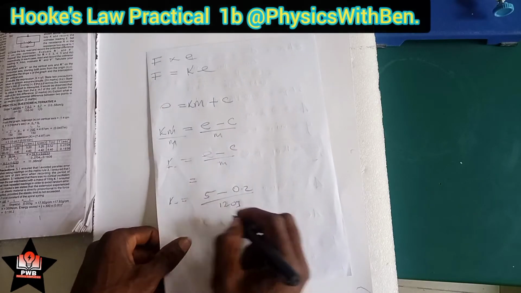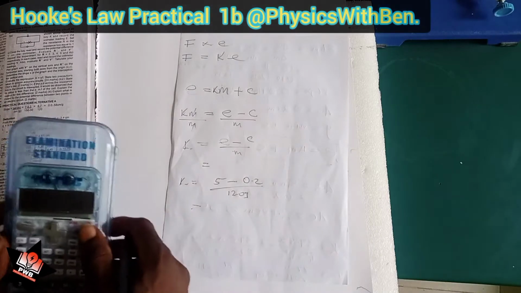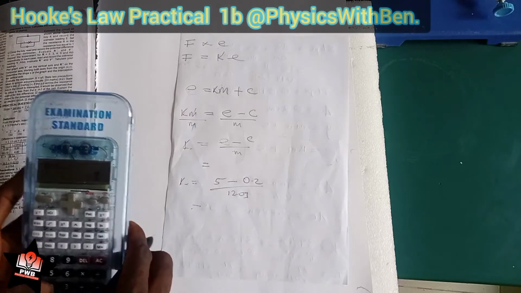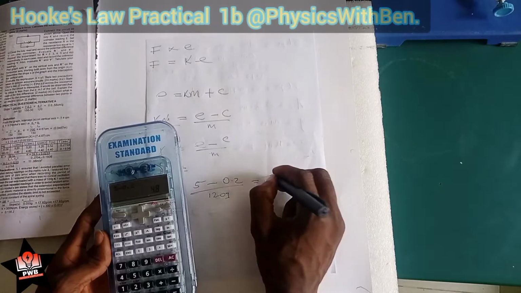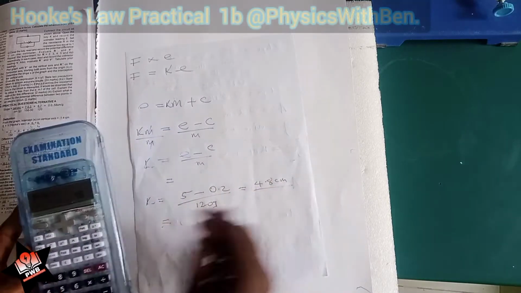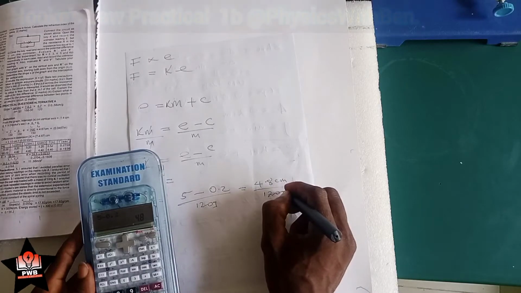120 gram, and we have 5 minus 0.2. That will give us 4.8 cm divided by 120 gram.